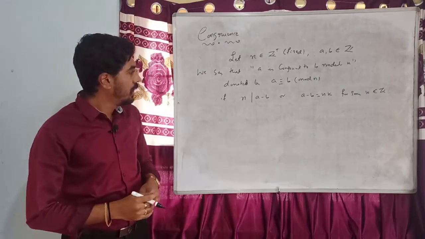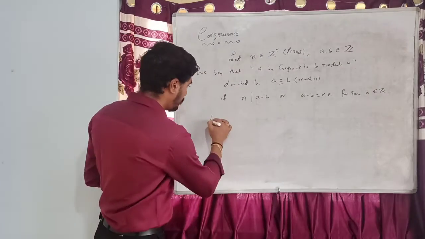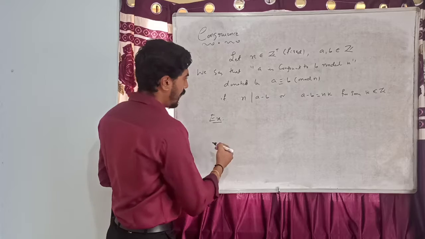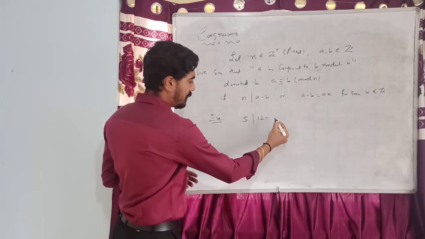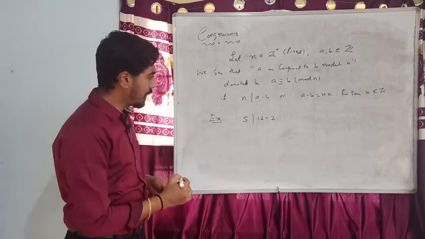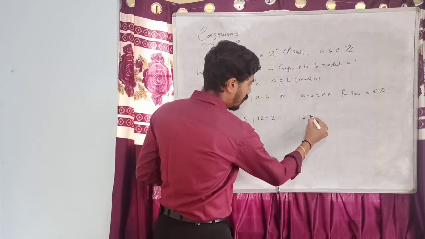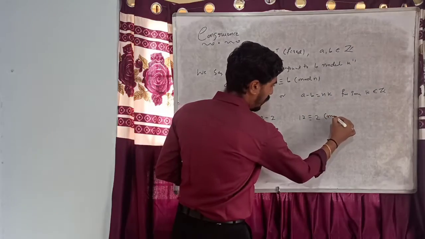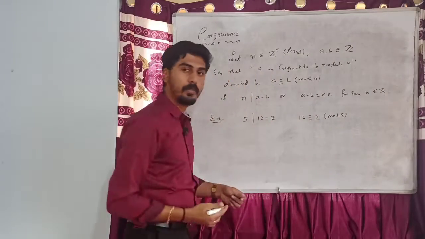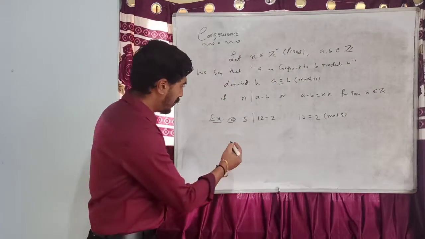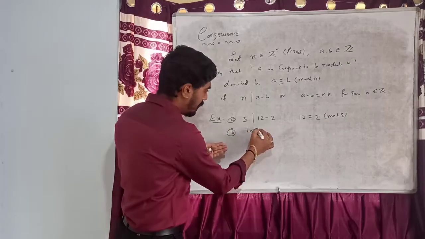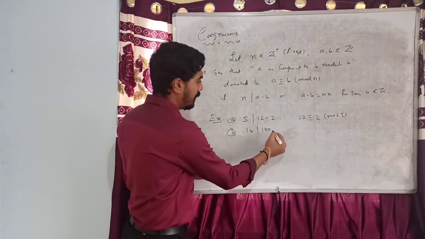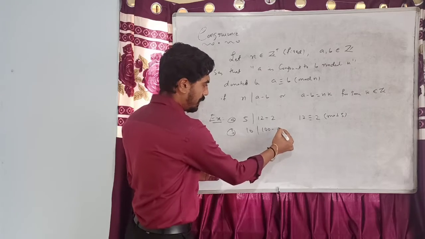Okay. Say for example, I know that 5 divides 12 minus 2. So I can write 12 is congruent to 2 modulo 5. To give one more example, we know that 10 divides 100 minus 10.